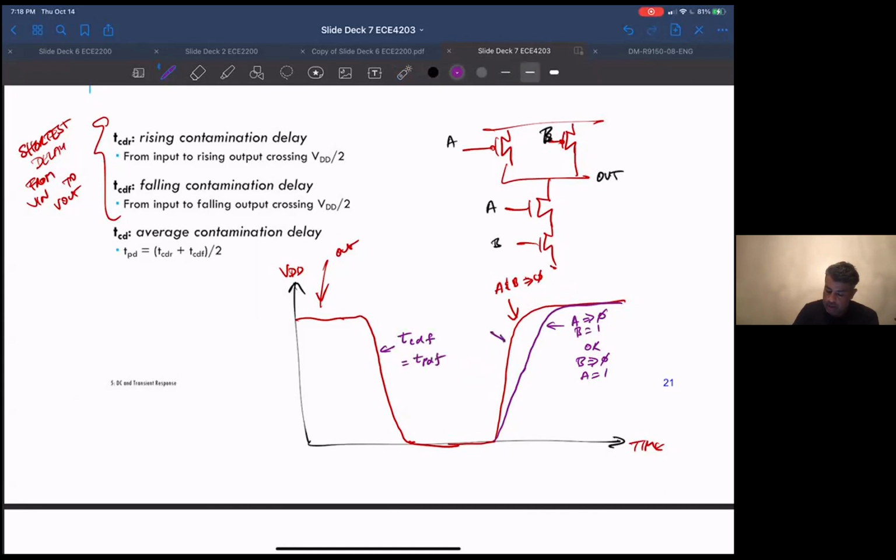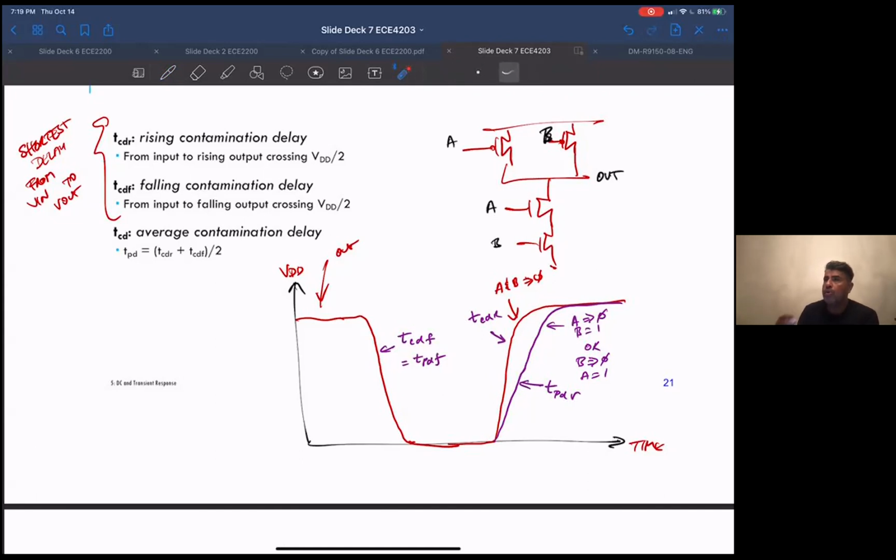But here, this would be T contamination delay rise, and this guy would be T prop delay rise. So the longer transition is called prop delay, and the shorter transition is called contamination delay, the faster transition. We're not talking about rise or fall times, we're just talking about propagation delay, from input to output.